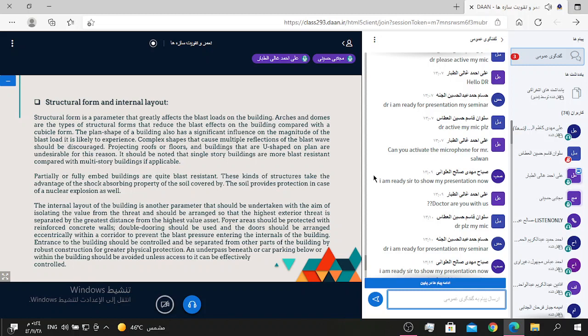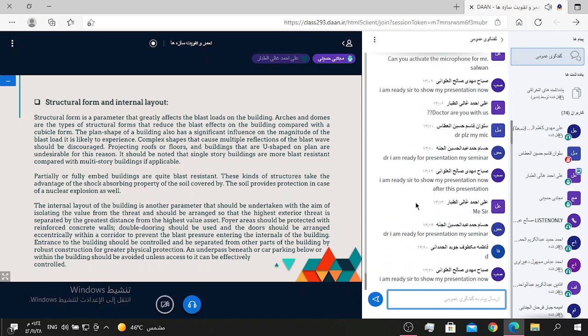Complex shapes that cause multiple reflections of the blast wave should be discouraged. Projecting roofs or floors and buildings that are U-shaped on plan are undesirable for this reason. It should be noted that single-story buildings are more blast resistant compared with multi-story buildings, if applicable.